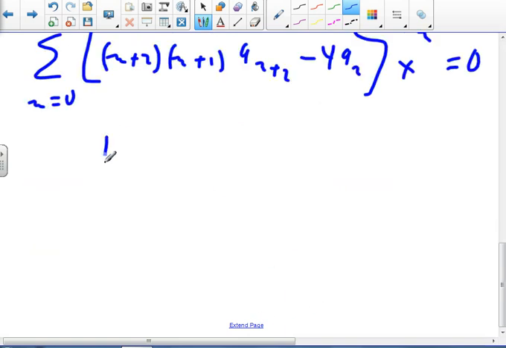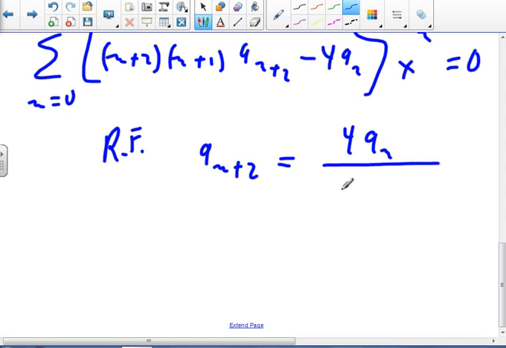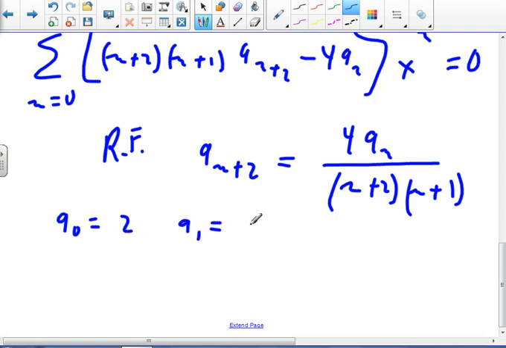I have a recurrence formula: a_(n+2) is equal to 4 a_n divided by n plus 2, n plus 1. I also know that a0 is 2 and that a1 is 0, and that this is for all n greater than or equal to 0.